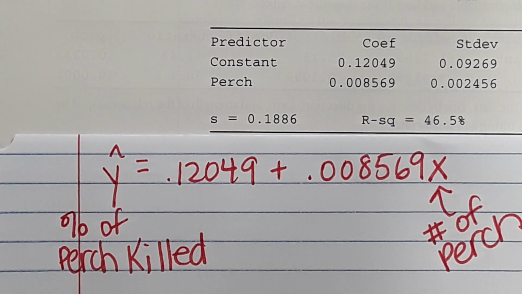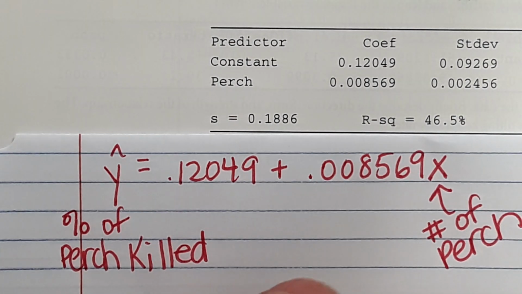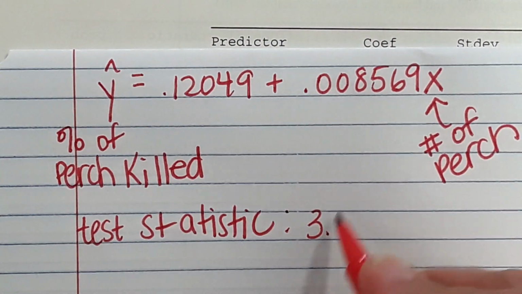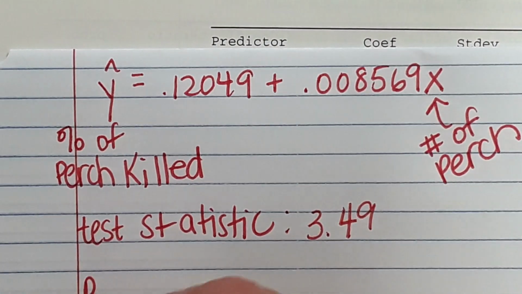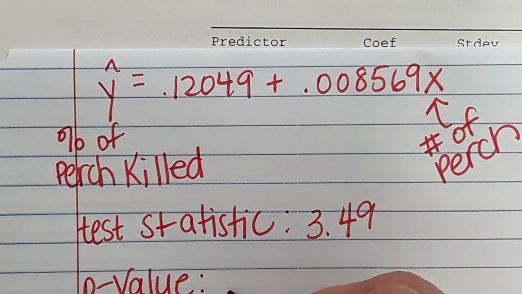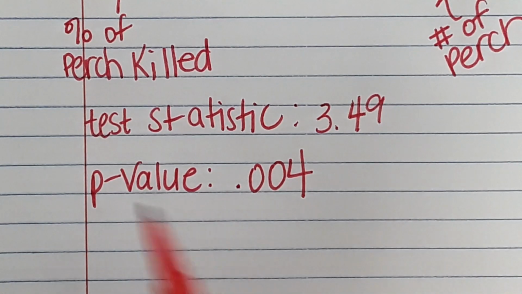Okay. Now, what is my test statistic? 3.49. So my test statistic would be 3.49. What is my p-value? Is it 3 zeros? 2 zeros. Is that it? Okay. So now I told you that my alpha level was 0.05.